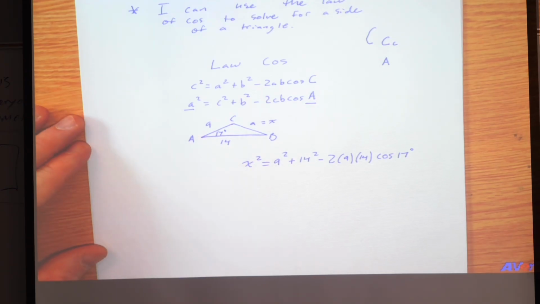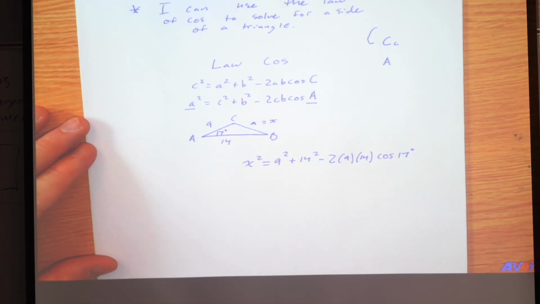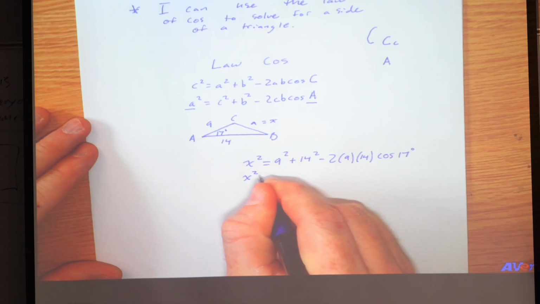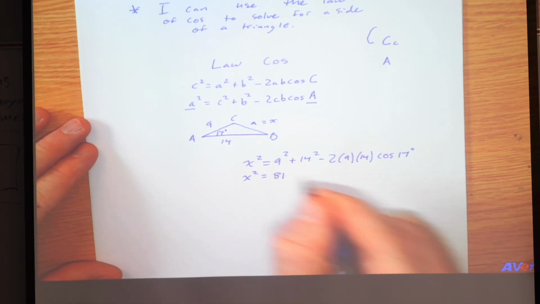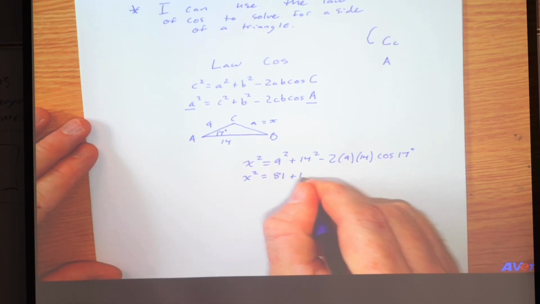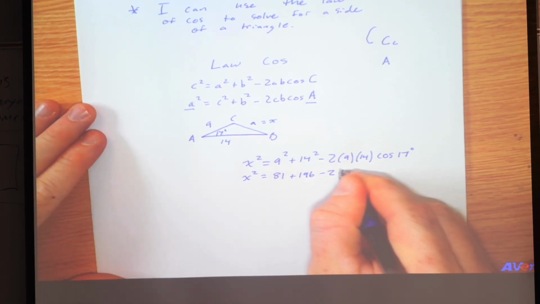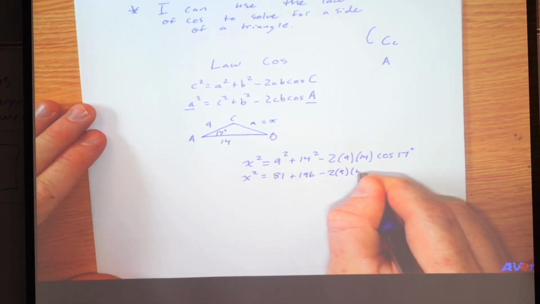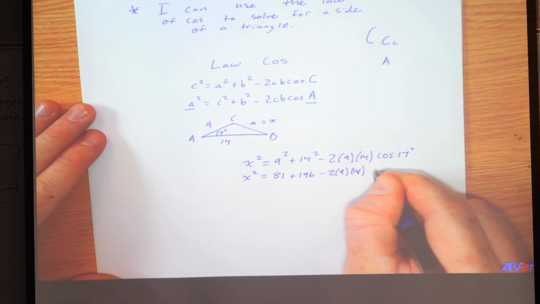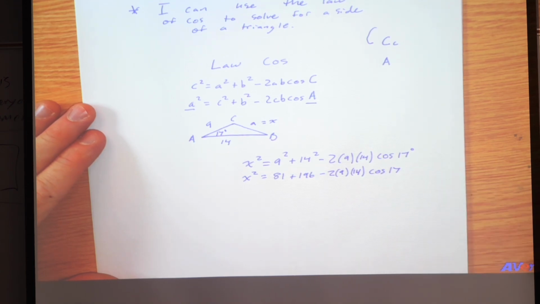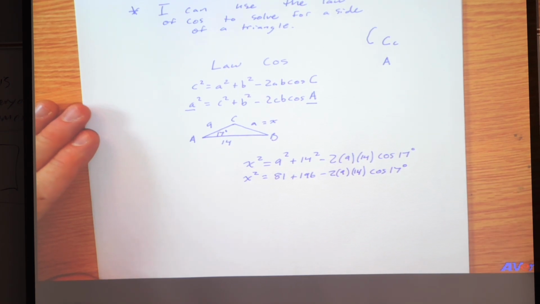All right, past this, this is a PEMDAS problem, order of operations. We're going to do our 9 squared, we're going to do our 14 squared. So we're going to get x squared equals 81 plus 196 minus 2 times 9 times 14 times the cosine of 17 degrees.